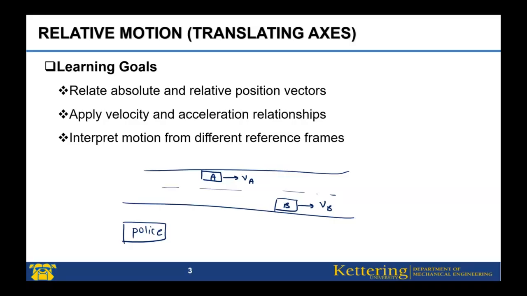However, this passenger in this car wants to see the relative velocity, the velocity of B with respect to A. This passenger cannot see these absolute ones, only the difference of these velocities.